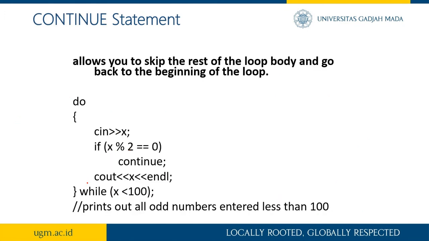This is the continue statement. Sometimes we don't really want to break from the statement, but we want to continue, like we want to skip the rest of the loop. So we want to skip the rest of the loop body and go back to the beginning of the loop. For example, I'm going to count 1, 2, 3. Oh my god, this is 4.